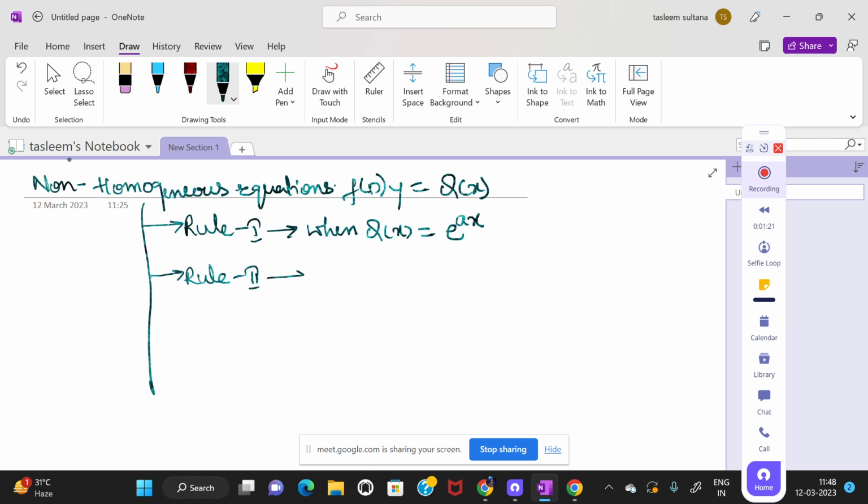Rule 2 will be when Q of x is in the form of sin ax or cos ax.